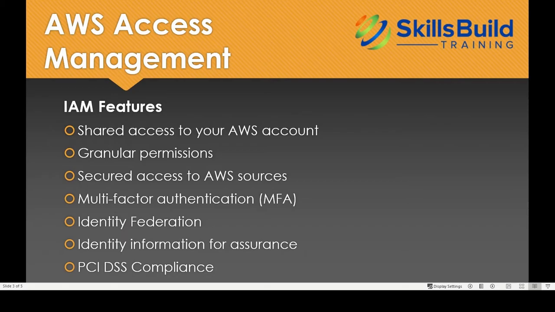By using granular permissions, you're able to grant different permissions for different resources. For example, you can give some users full access to Amazon EC2, S3, as well as the remaining AWS services, while other users can get read-only access to EC2 instances, or access to billing information.